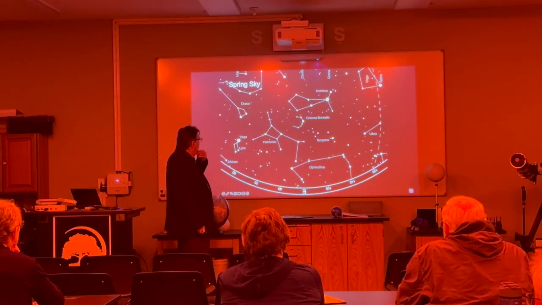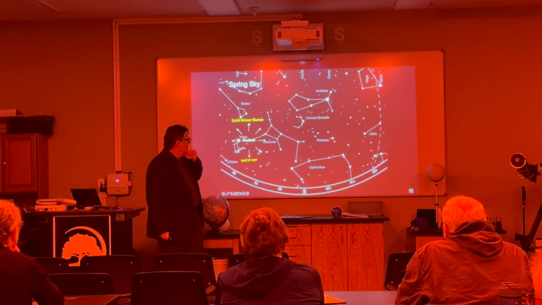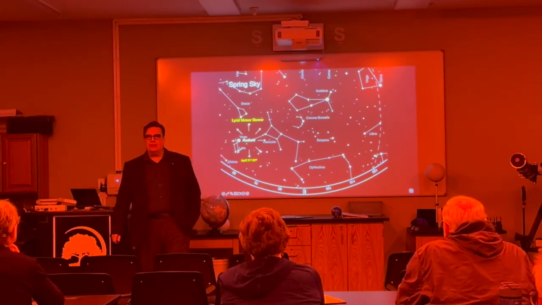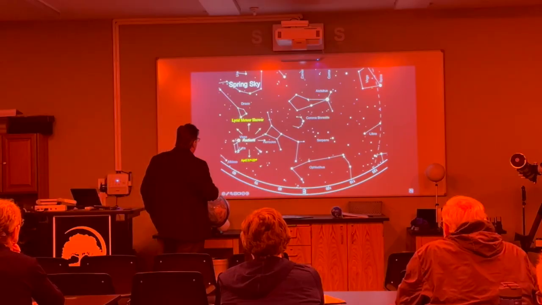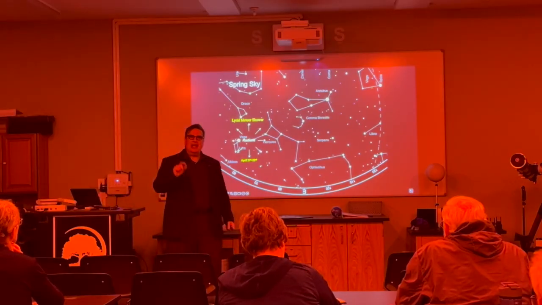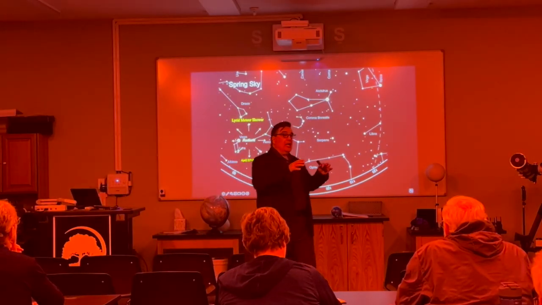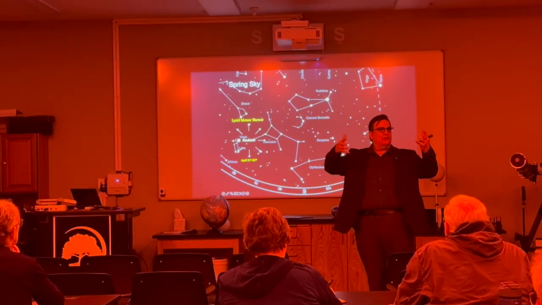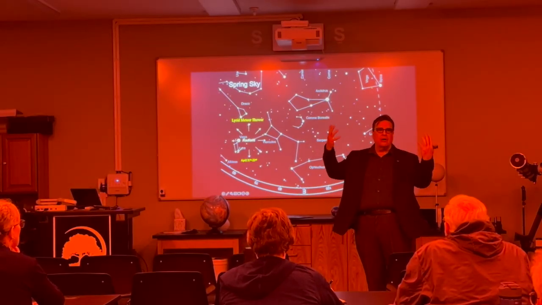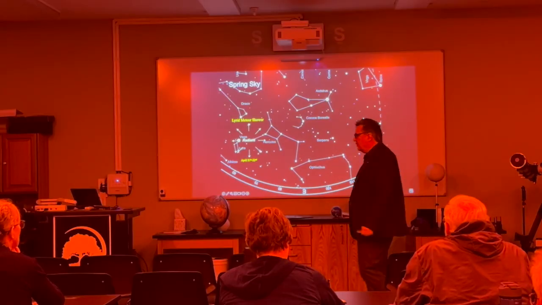And then one more thing I'd like to bring up. April 21st, April 22nd, we have the Lyrid meteor shower. Basically a meteor shower is named after the constellation where the radiant is located, where those shooting stars are apparently originating from.